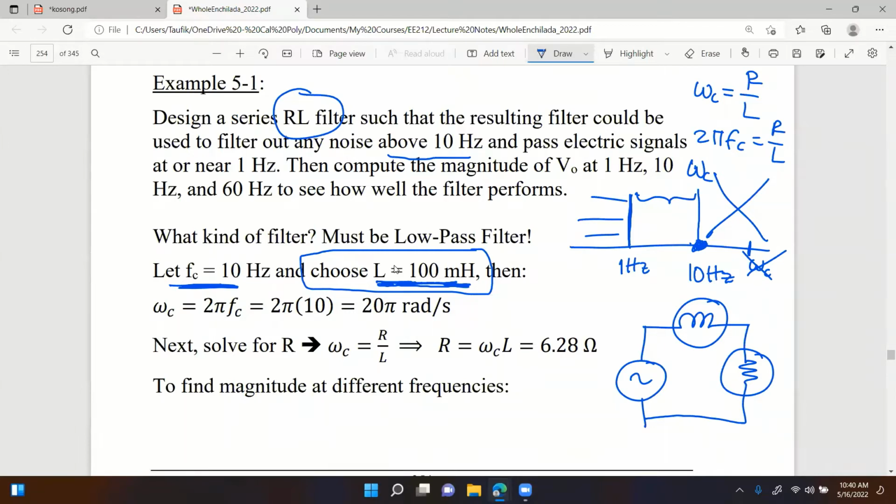So it is wise to choose L first, because R most likely you're going to find. But if you start from R and then calculate L, most likely you will not be able to get a commercially available value for that L, because they're limited in terms of values. But for R, there are so many selections you can choose from. So that's the major reason why I pick L first.